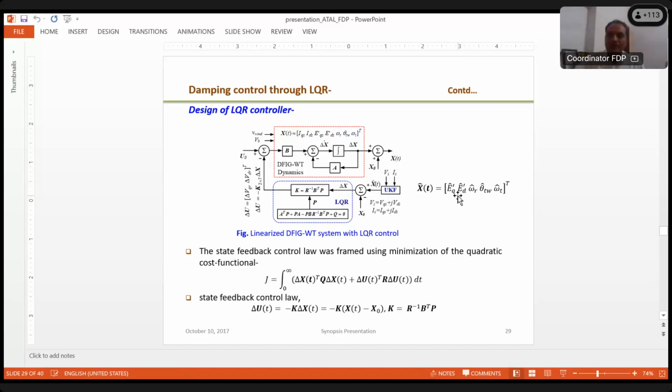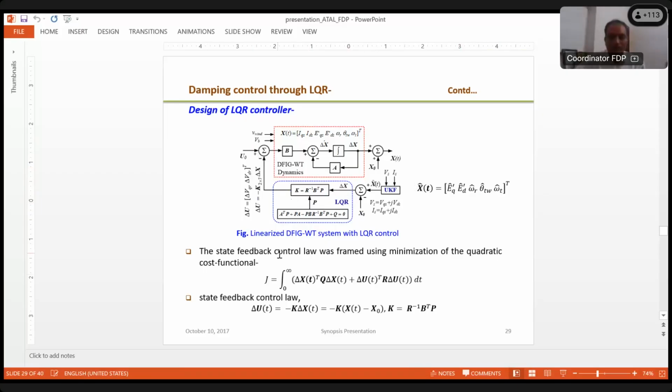So instead of using the real values, we are simply estimating all these values. This estimation is performed by an unscented Kalman filter, which takes some measurements, the dynamic equations of the system, and the measurement model, and through that it estimates the values. So instead of getting the direct values of these states, we estimate them and feed them to the linear quadratic regulator, which ultimately gives the output.